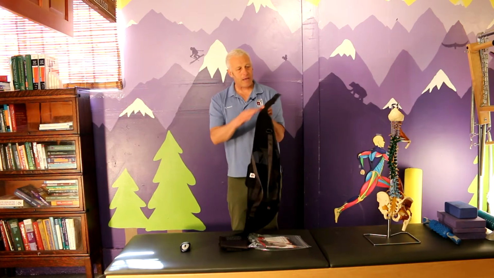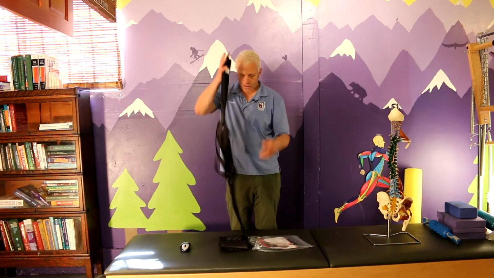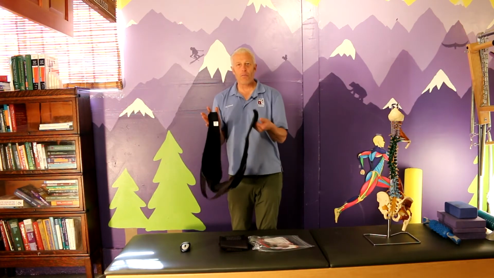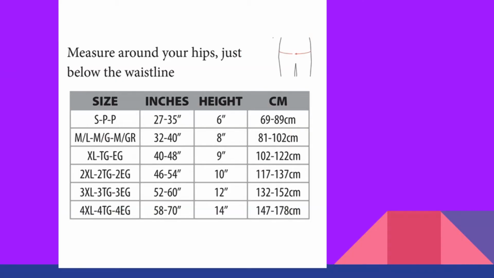It also has the strap here and the strap here so that you can more easily get it tight. You want to measure just below the waistline, kind of above your hips, kind of here. There are 6 different sizes, so it can fit someone who's taller to someone who's smaller, and that's an important thing. The other one that I'll show you in a little while is a one-size-fits-all, so it's not going to fit and give as much support.